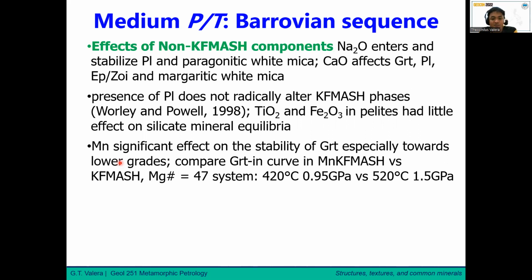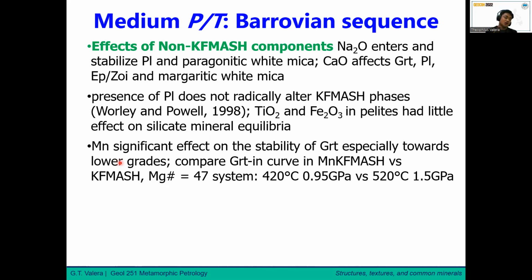Presence of plagioclase feldspar, so iba siya sa alkali feldspar, does not radically alter the KFMASH system. And sabi ni Worley and Powell, 1998, while titanium and iron in pelites had little effect on silicate mineral equilibria.